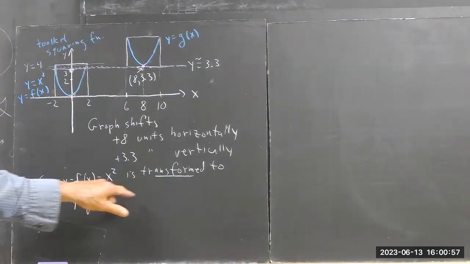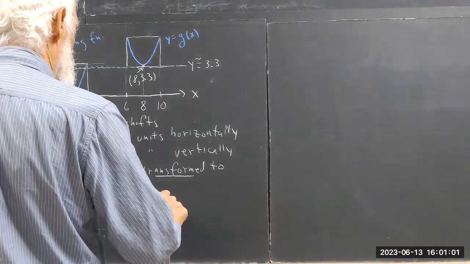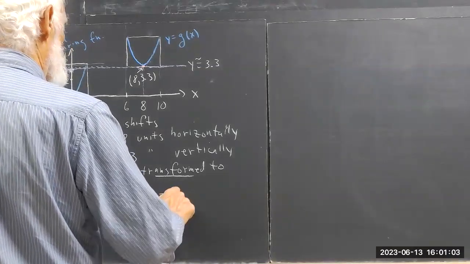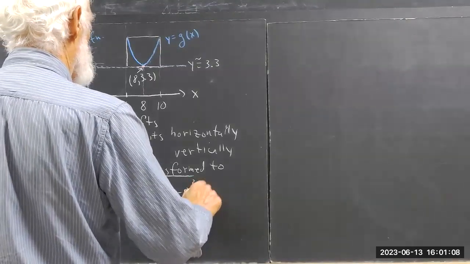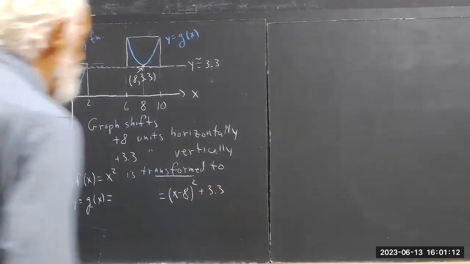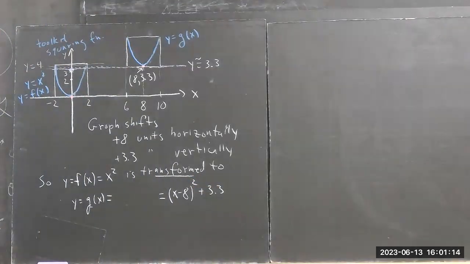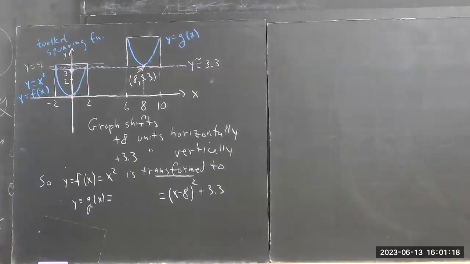Now, there's something that goes in here, but I'm going to write out the equation for g of x. It's just x minus 8 squared plus 3.3. That's it. Okay, that's the equation.